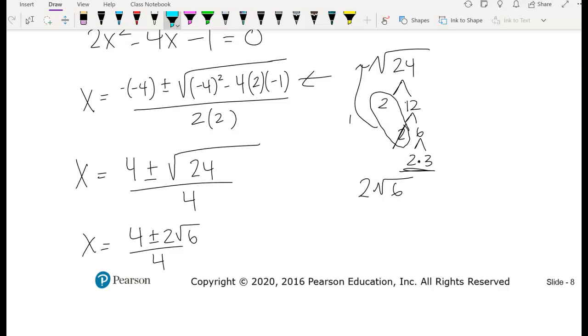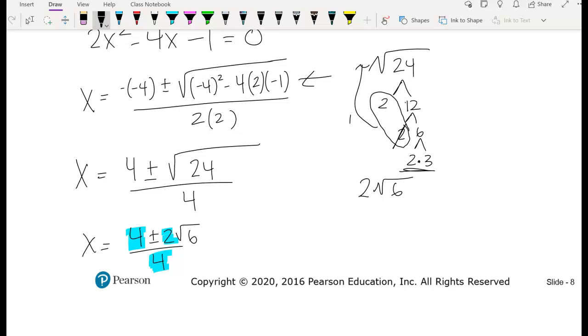Now, when you're dealing with fractions, you want to make sure if you can reduce them in any way. So with the quadratic formula, if these 3 numbers, we don't include the square root, it's trapped. You can't break it out anymore. Nothing will help it. So you want to look at the numbers in front.